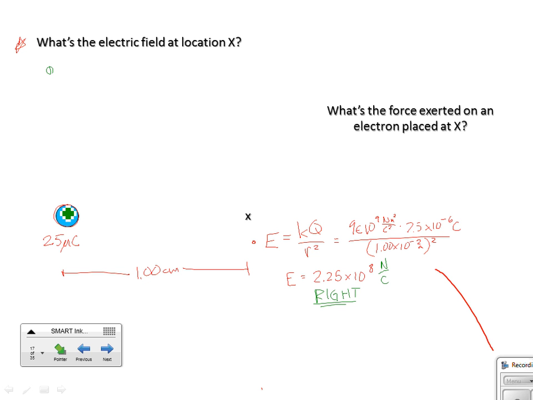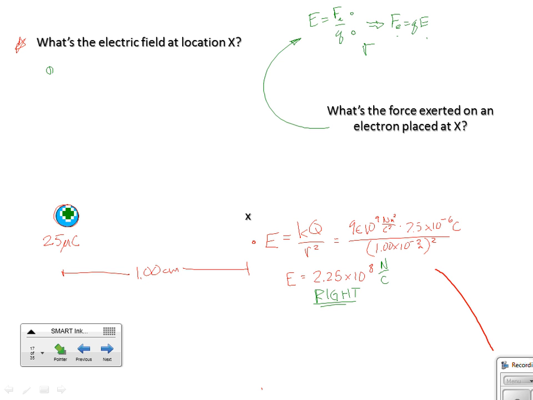Now, what's the force exerted on an electron that I place at location X? Well, now we're looking for a force on a charge that we place in that location. So E equals F per unit charge, because we're looking for a force on a charge placed in the field. So F is QE, just like F equals mg.